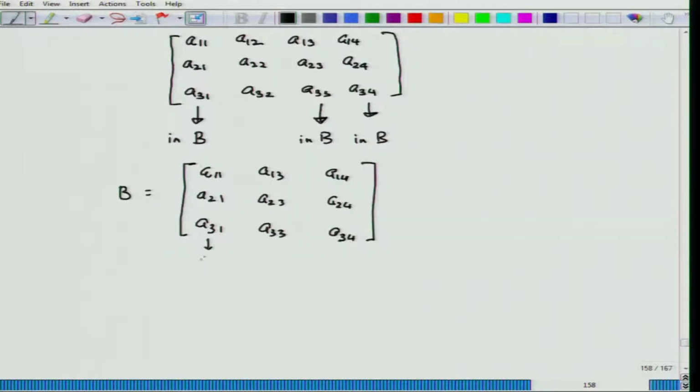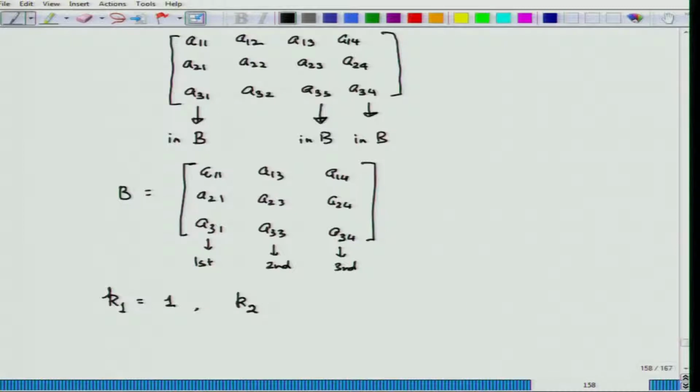Now, this is the first column of the basis matrix, this is the second column of the basis matrix, this is the third column of the basis matrix. So, my K1, which is the first position in the first column of the basis matrix, was the first column of the original matrix.